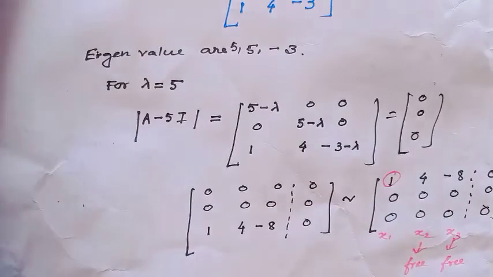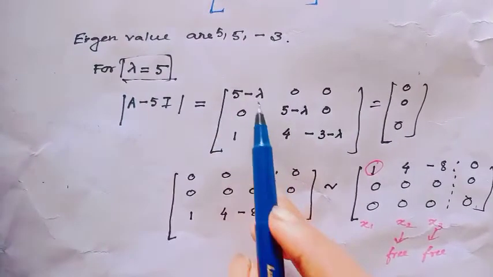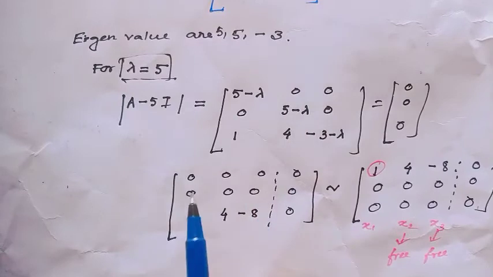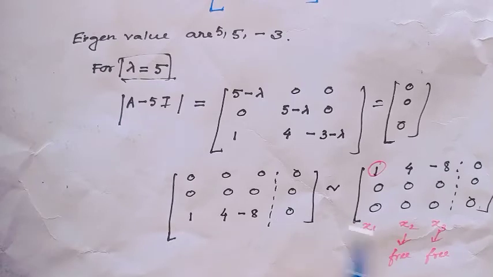Since for lambda equal to 5, now put the value of lambda, then this would be 0 0 0, 0 0 0, 1 4 minus 8, here 0.